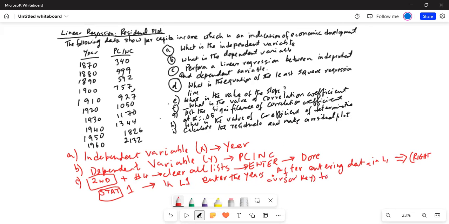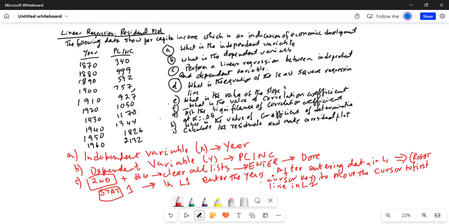To move the cursor to the first line in L2. Okay. So right cursor key, first line in L2, there you enter the PCINC, the Y values. So X in L1, Y in L2.